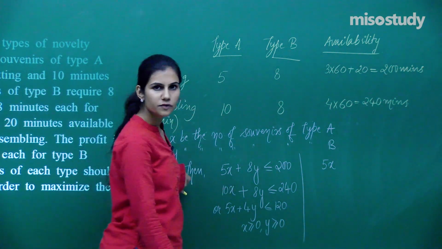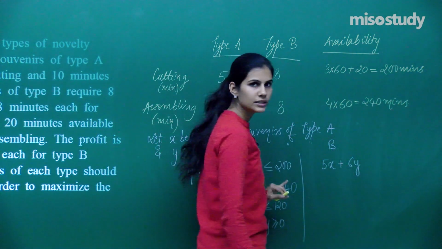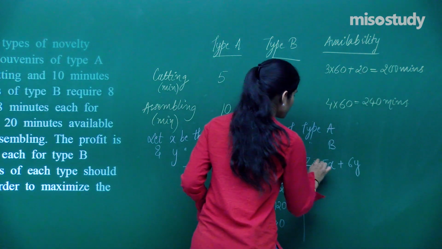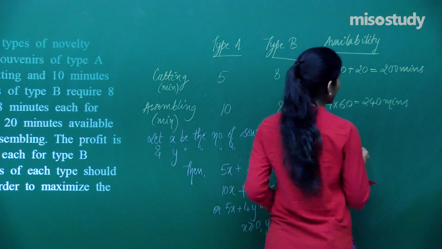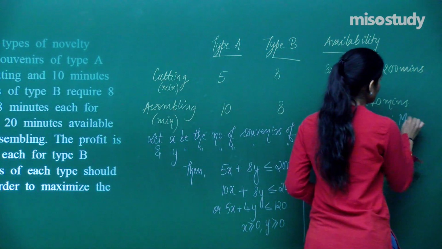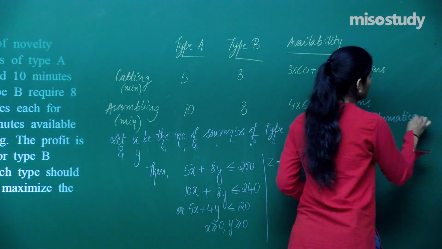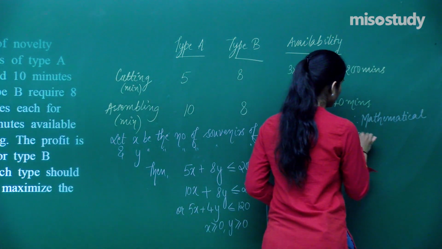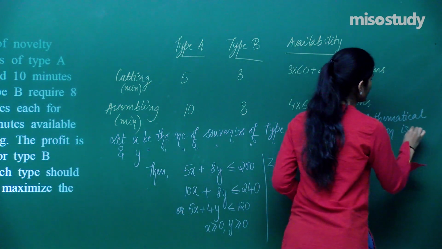So, on Y souvenirs of type B, he will earn 6y as profit. So, in total this is his profit. Let us say this is my profit function and I need to maximize it. So, what is my actual problem? Therefore, the mathematical formulation of the problem is very simple.